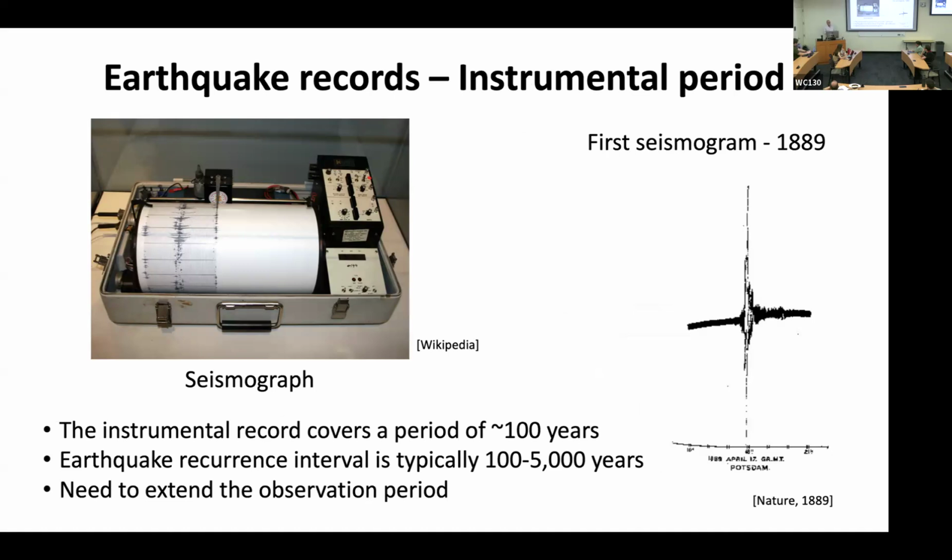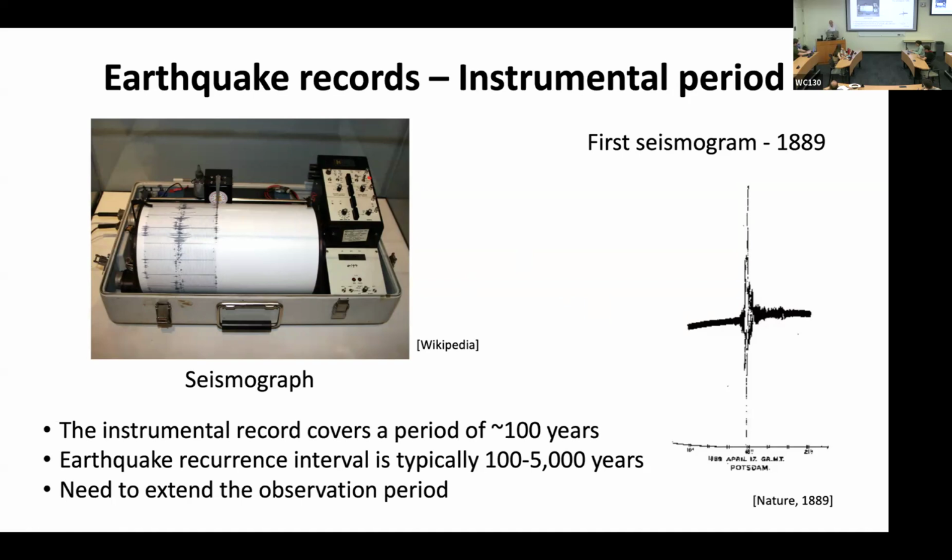When we study earthquakes nowadays, we measure them during what we call the instrumental period. We use a seismograph. You can see an example over here, a needle that moves, like in the movies. Nowadays it's more electronic, but basically we have a sensor that measures the movement of the earth.